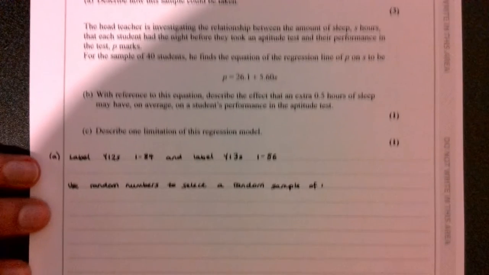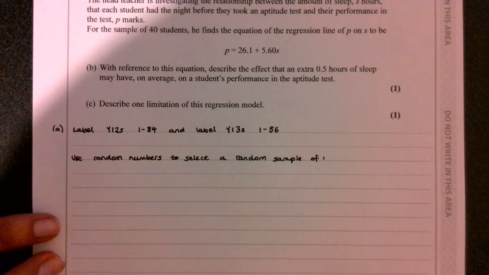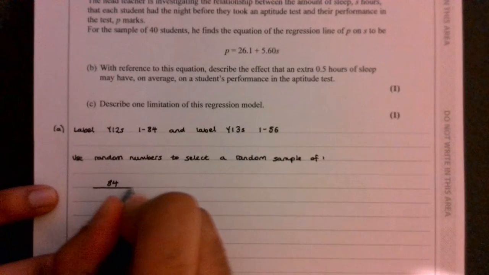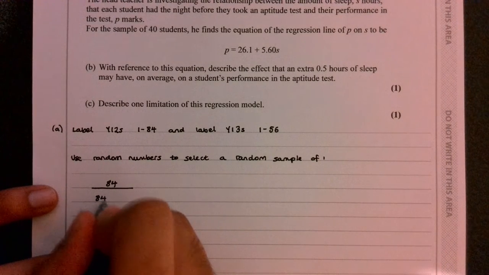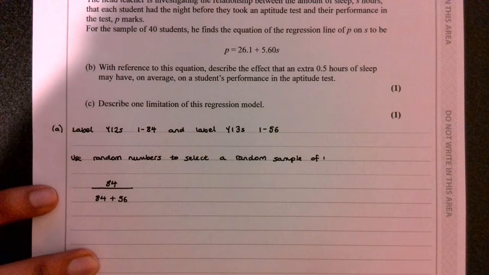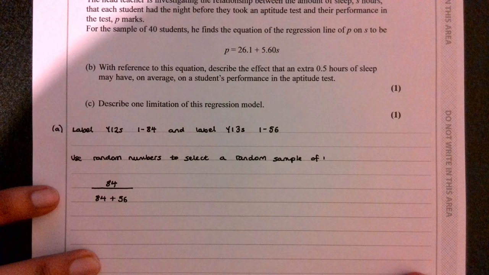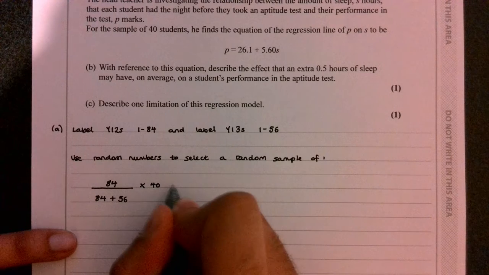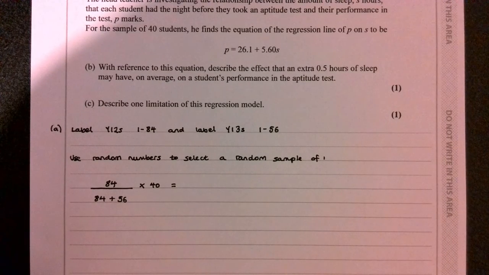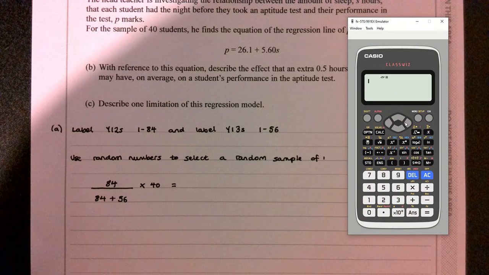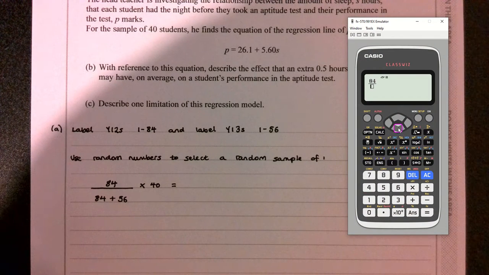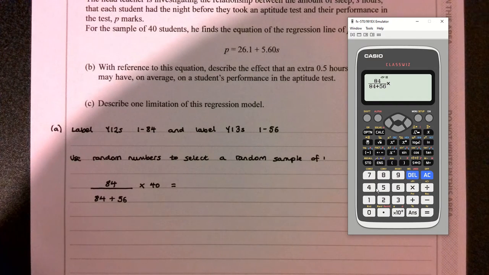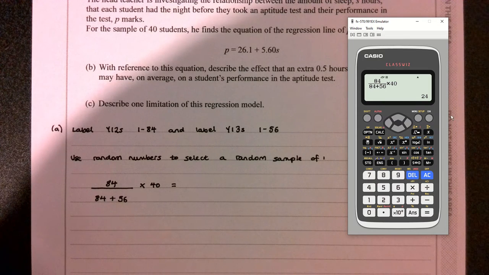When we come to find the number of year 12s we need, we have 84 divided by 84 plus 56, and remember in this question we're taking a stratified sample of 40 students, so we multiply this result by 40. Working this out on the calculator, we have 84 over 84 plus 56, multiplied by 40. The result of this is 24.